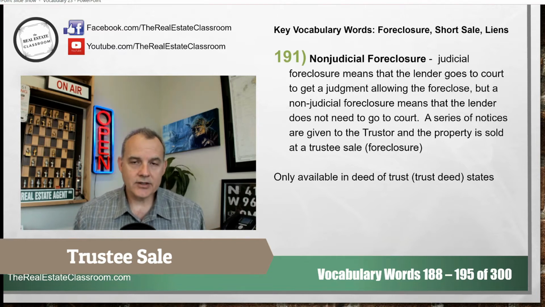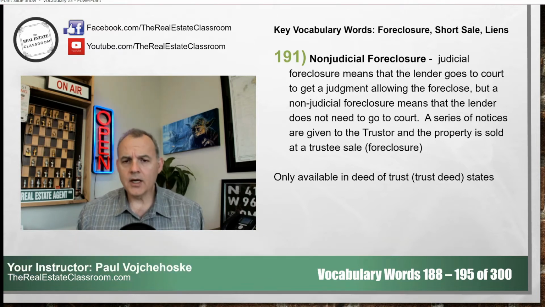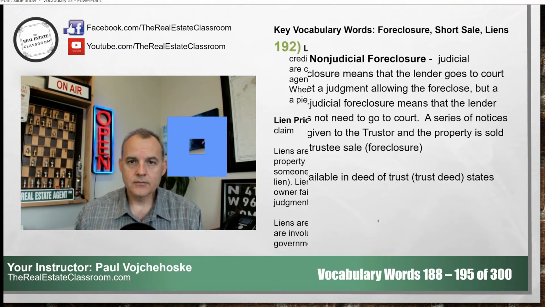Trustee sale, that is the actual foreclosure. Again, this is not available in all 50 states like the judicial foreclosure is. It's only available in a deed of trust state. So that's the difference between a judicial foreclosure and a non-judicial foreclosure.